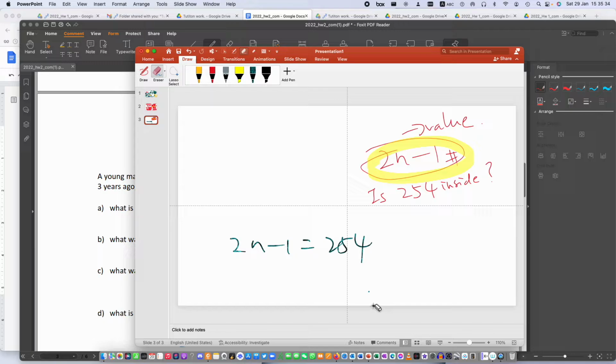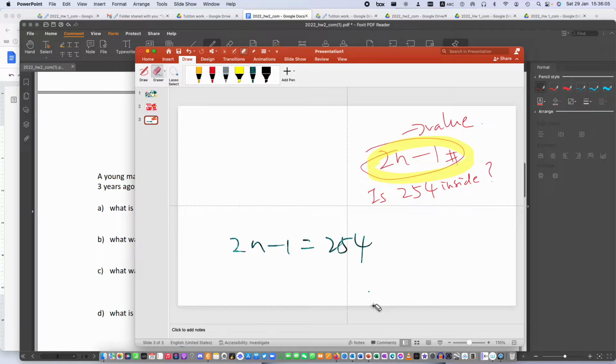Just answer me. No. So if you're not doing the same question, then you better do the same question now. What are you waiting for? I asked you to do 2n minus 1 equals 254. You go and do 2n. You change the question. You have 2n minus 1 equals 254.